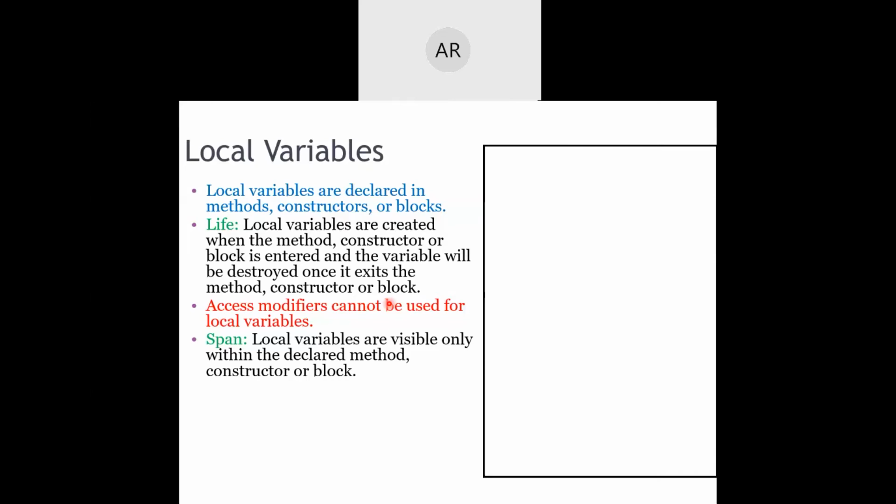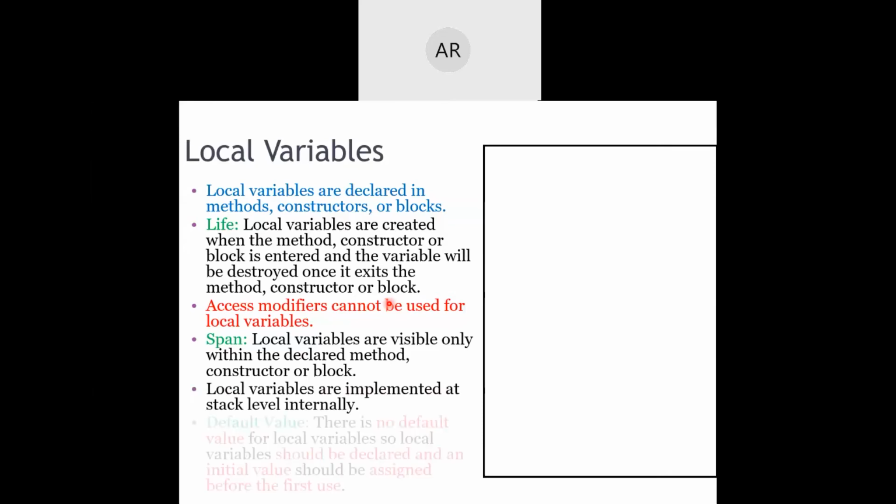Okay, this is also an important point. One more thing, internally how they are implemented within the block: for every block of code or for every method or for every constructor, the compiler will create a stack of memory locations. So once the variable's life is over, that variable will be taken out from that particular stack.